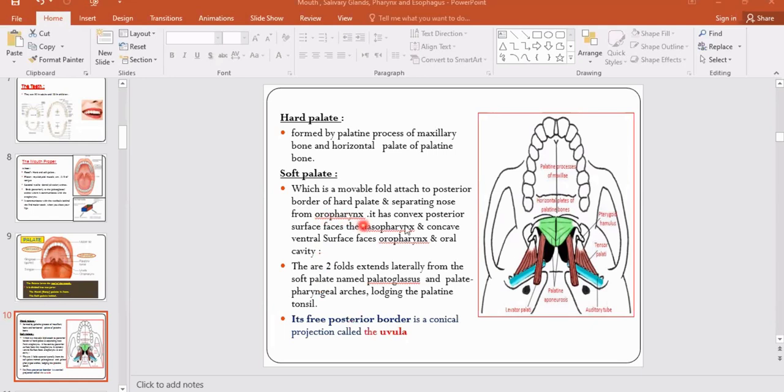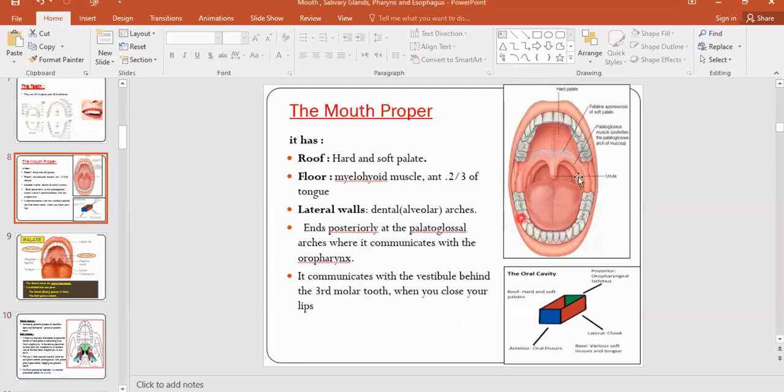So you can see on the lateral side of the oral cavity, you have two arches or folds extending downward, and they are called palatoglossus, from palate to the tongue, and palatopharyngeal arches, going from palate to the pharynx or tonsils. So these are the two arches hanging down behind. In this picture, you can see this is the anterior arch and this is the posterior arch.